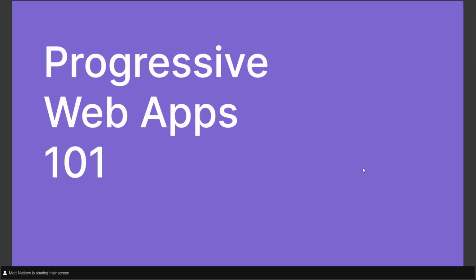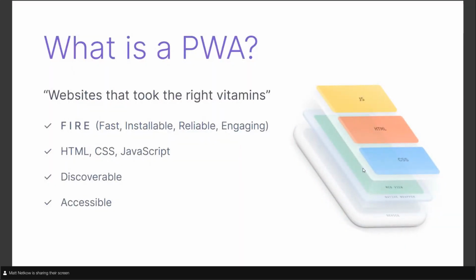All right, cool. So let's start with Progressive Web Apps 101. Let's start with the basics, kind of align what we're talking about today, right? First off, what exactly is a progressive web app? I borrowed this quote from the Google team. I absolutely love it as a great way to start this off. Essentially, they're websites or web apps that took the right vitamins.